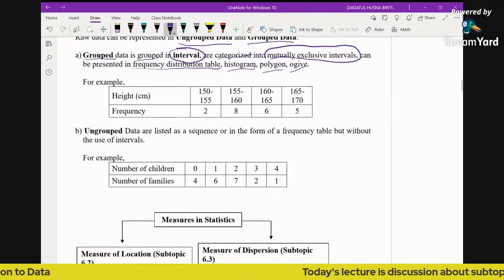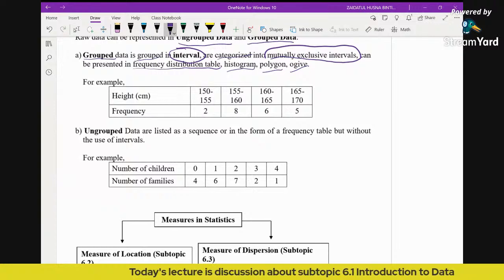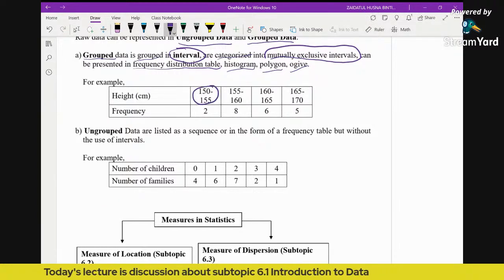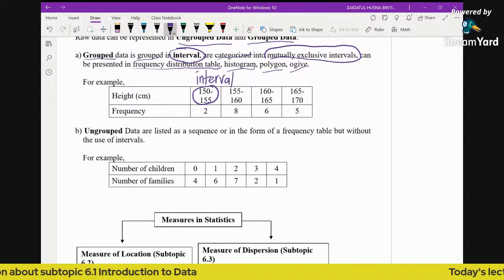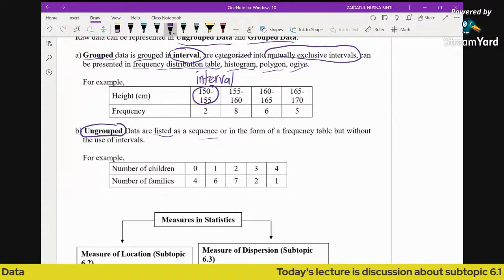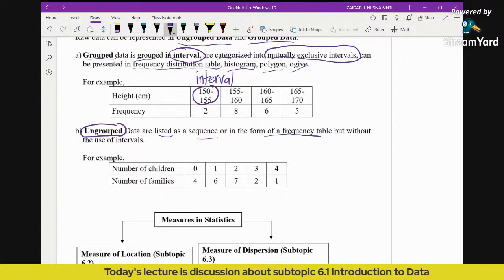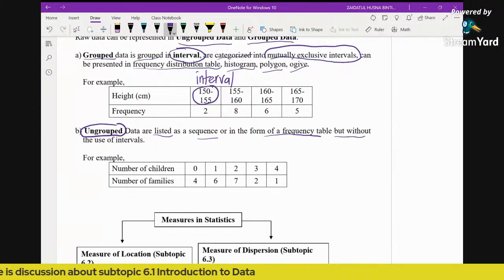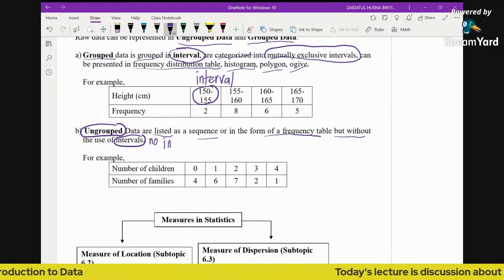So you can see here the difference between grouped and ungrouped. There is an interval here. The keyword here is interval. While for ungrouped data, they are just listed as a sequence or in the form of a frequency table. If they are presented in a table, usually they won't have intervals.